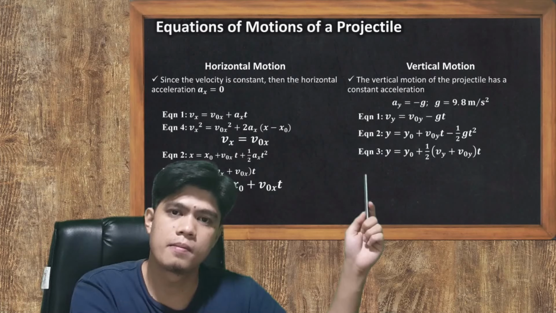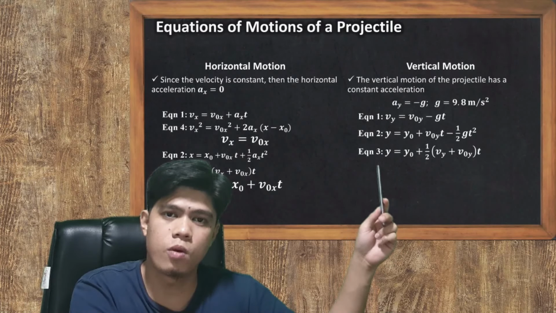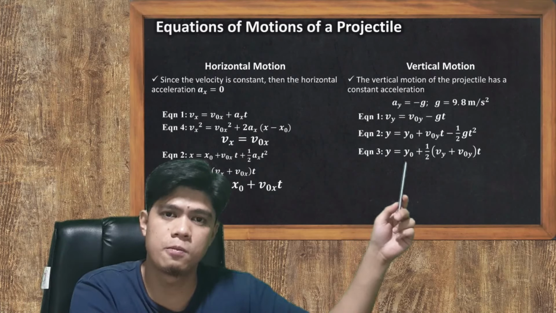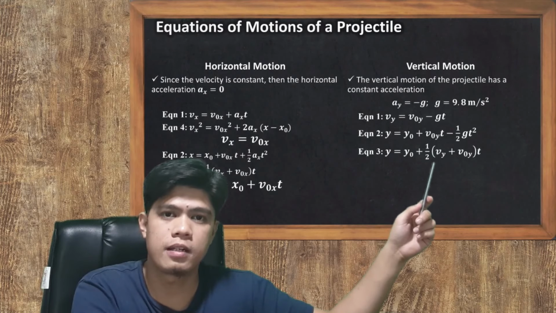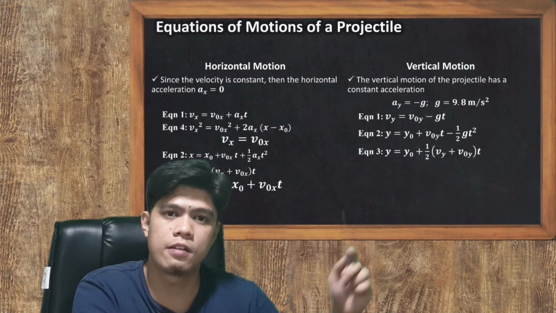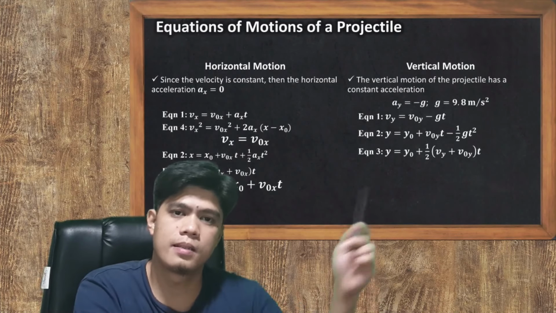Equation 3 is final position y equals initial position y naught plus 1/2 times final velocity vy plus initial velocity vy times t. Equation 3 is without acceleration.